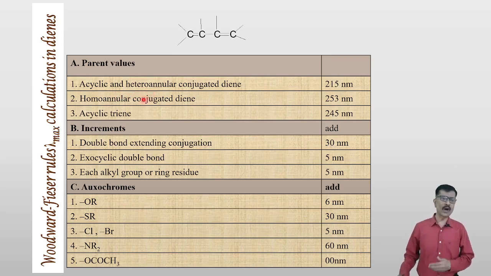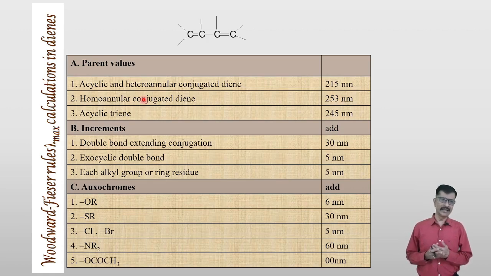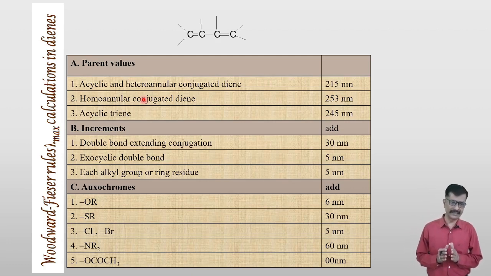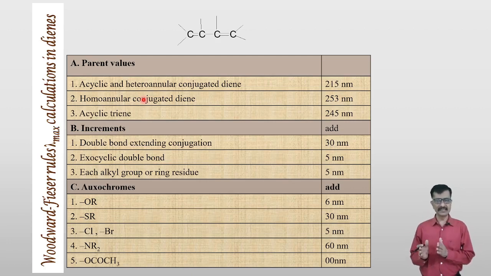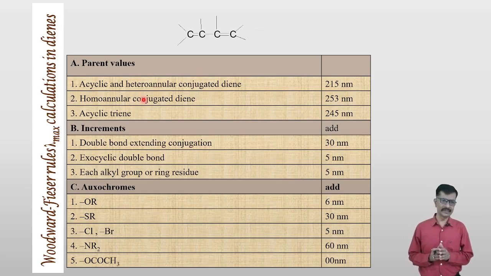Acyclic means a non-cyclic or straight chain compound. When we are talking about diene, means there are two double bonds in conjugation. If it is a heteroannular diene, means two conjugated double bonds, if they are in different rings, it is called heteroannular conjugated diene. If system is like this, then you can take parent value as 215 nanometers.